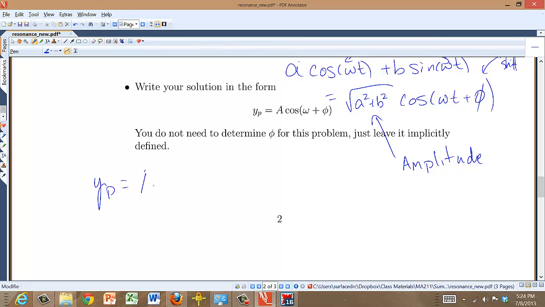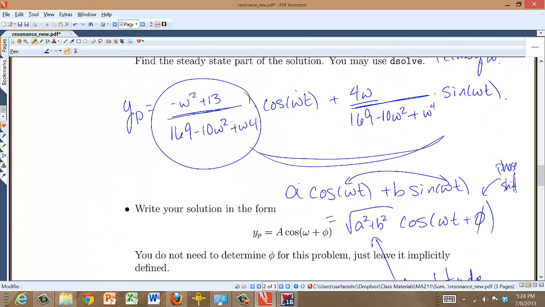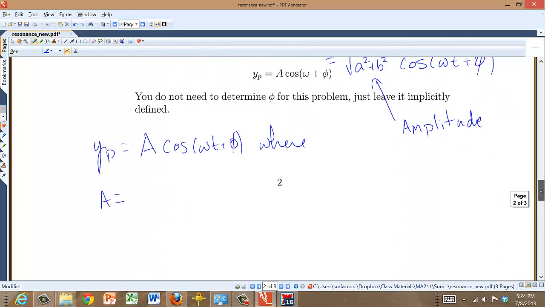So yp is equal to, I'll write a capital A here for the amplitude, of cosine omega t plus phi, where the amplitude is the square root of this thing squared plus this thing squared. Note, it doesn't involve the sines and cosines.